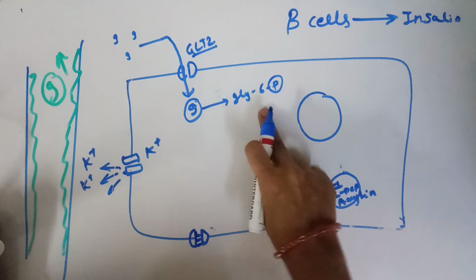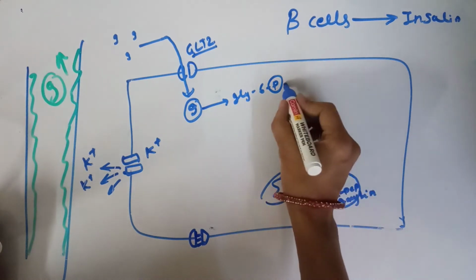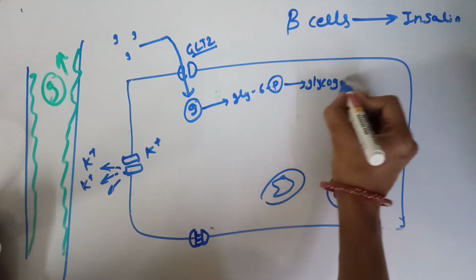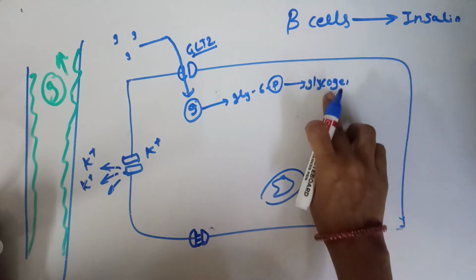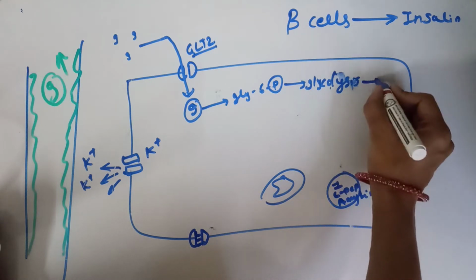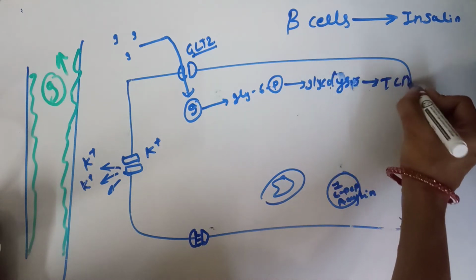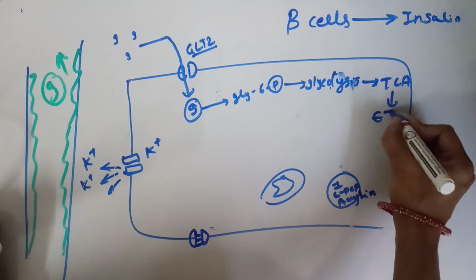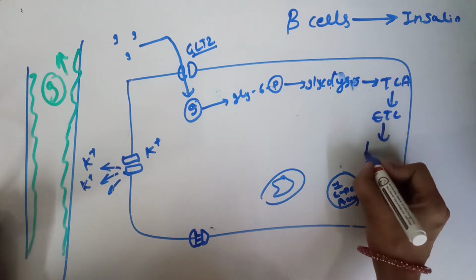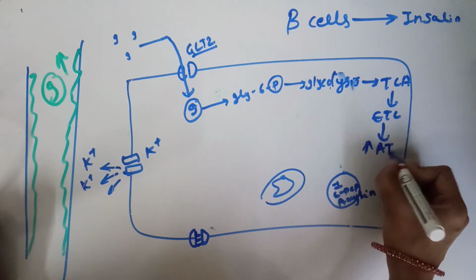Now next, this glucose 6 phosphate, guys, goes through glycolysis. I am explaining in short. From glycolysis to the TCA cycle, then from TCA to the electron transport chain, and because of this electron transport chain, it releases ATP.